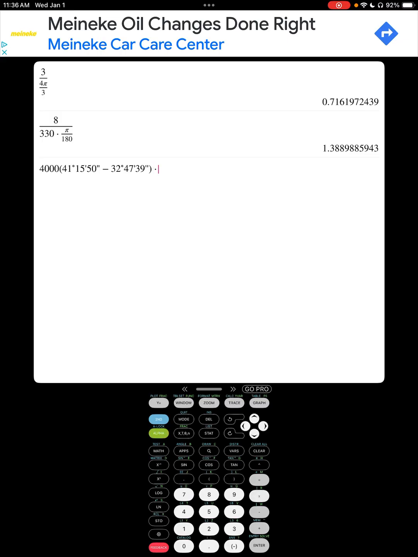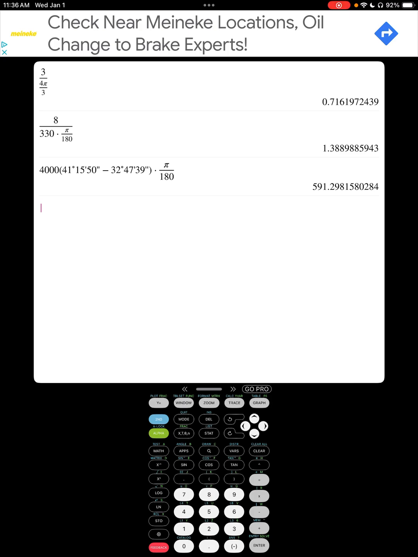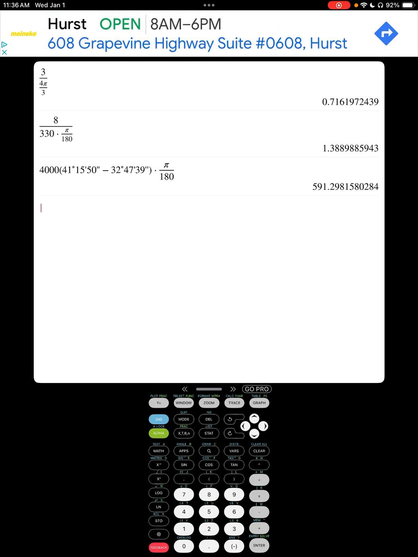And then we want to multiply this times the conversion factor of pi over 180. Okay. And that is how we get the distance. So 591.298 miles.